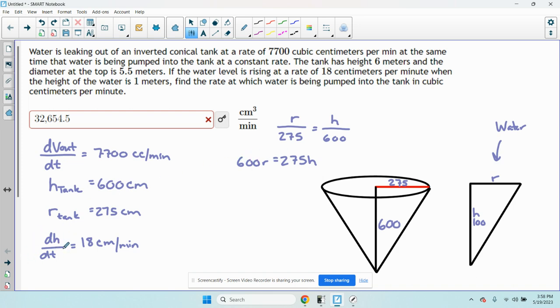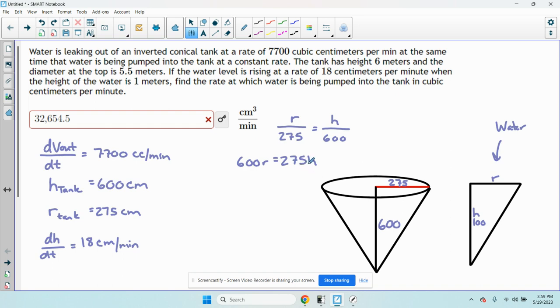But we have dH dt. So it would be easier to just solve and get rid of R in our equation and only have H's. That way I don't have to solve for dr dt. I already have dH dt. I don't need dr dt. So I'll show you what I'm talking about.